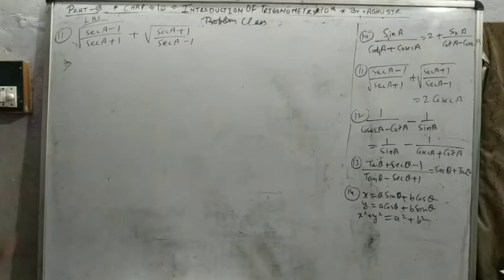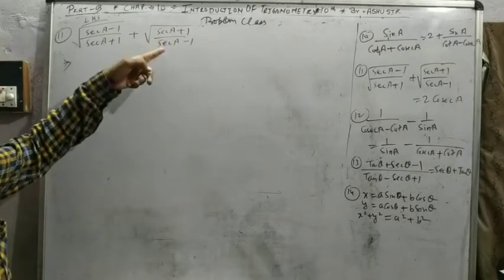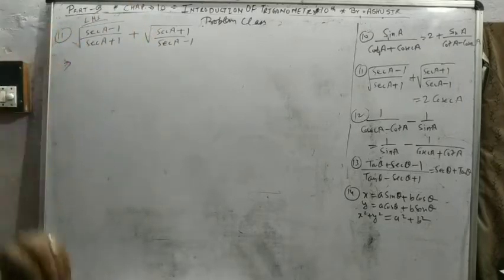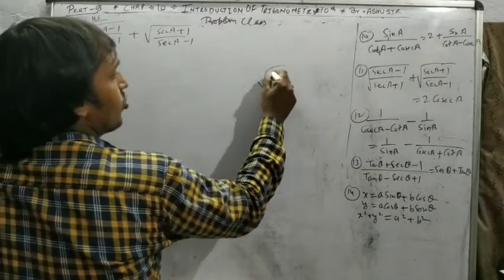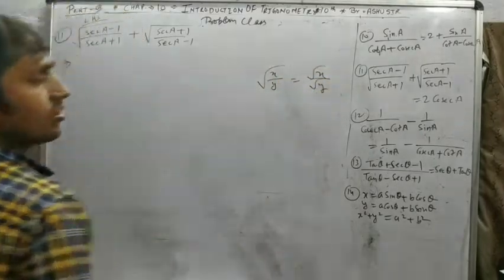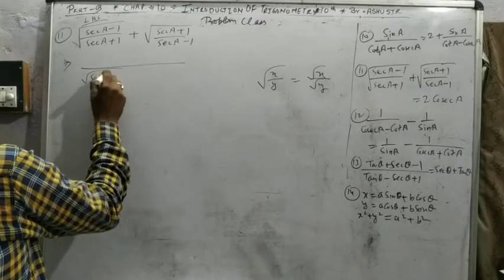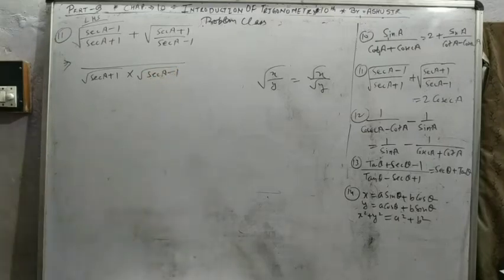So question 11, root of sec minus 1 upon sec plus 1, the opposites only with the same terms. Let's say conjugates also here. So we directly take the LCM. If root x upon root y, we can write x upon root y. So take the LCM. Root sec A plus 1, root sec A minus 1.